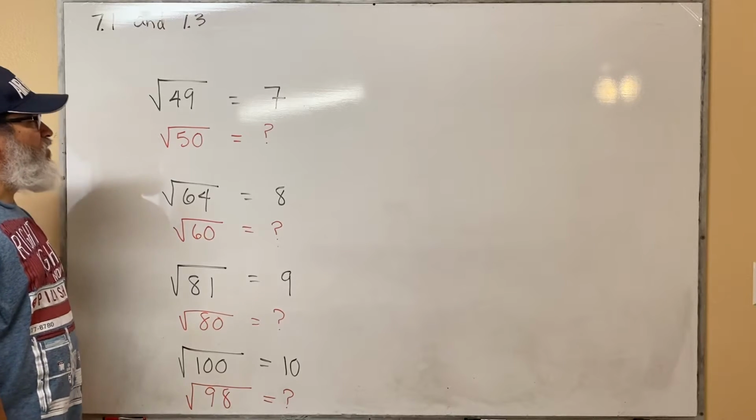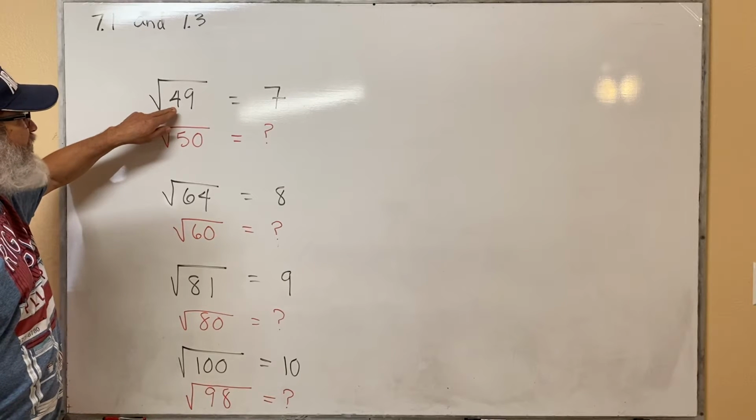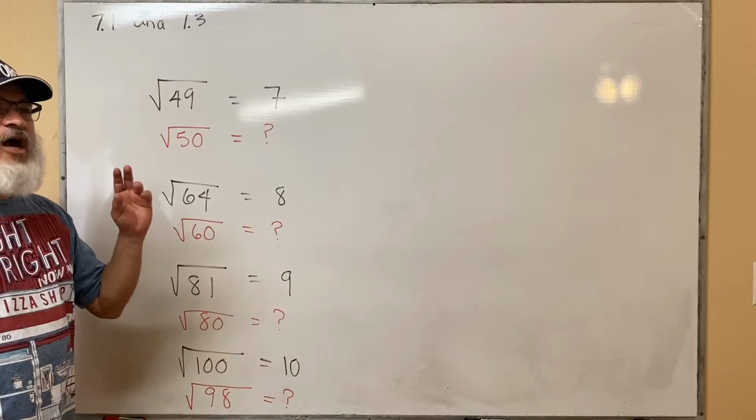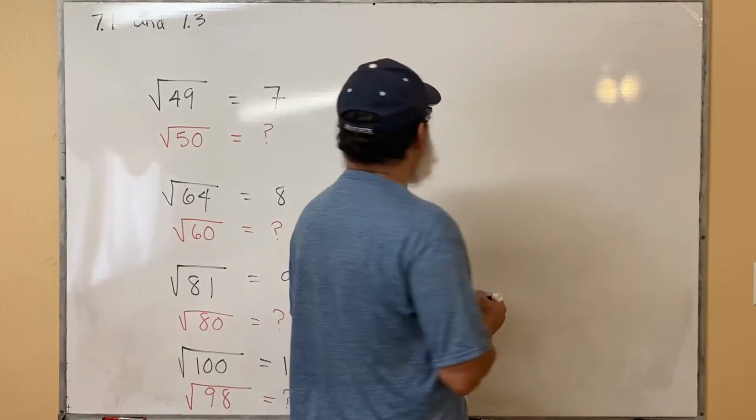So it seems to me that whenever the radicand is a perfect square and we're taking the square root, we can do that one right away. So I'm going to write the following statement.